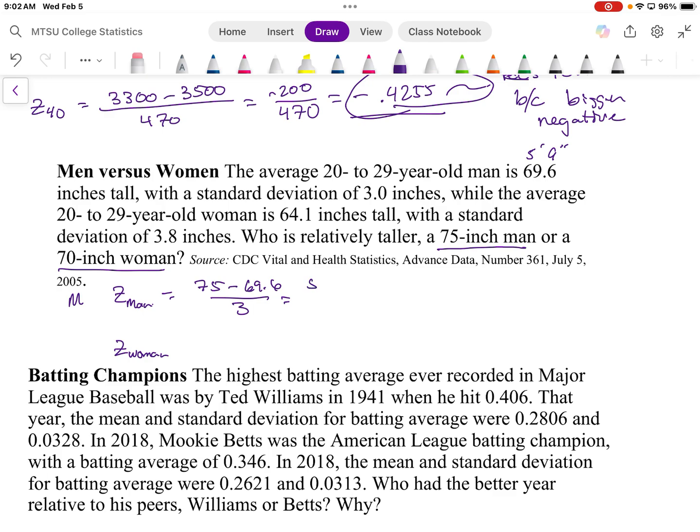That gives me 5.4 on the top, divided by 3. It should be 1.8. And then for the woman here, a 70-inch woman minus 64.1, standard deviation of 3.8.